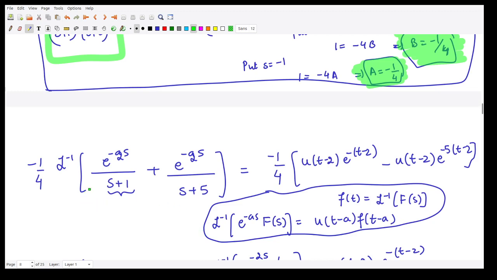Because of linearity we can separate out the terms and we can apply the second shifting property here. What does the second shifting property say?